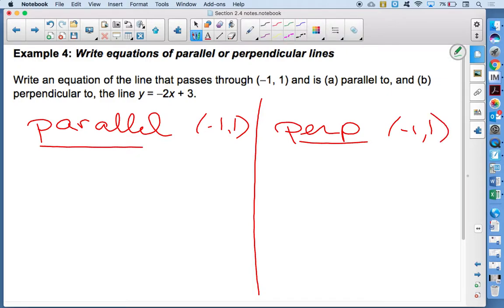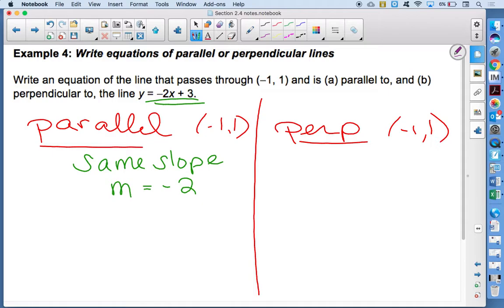It says write an equation of a line that passes through the point negative 1, 1. So you need to use that ordered pair and the fact that we have a line of y equals negative 2x plus 3. So if I want to come up with a line that's parallel to negative 2x plus 3, it needs to have the same slope as this current line. So that means the slope needs to still be negative 2.